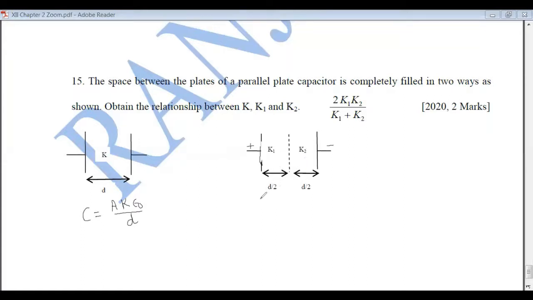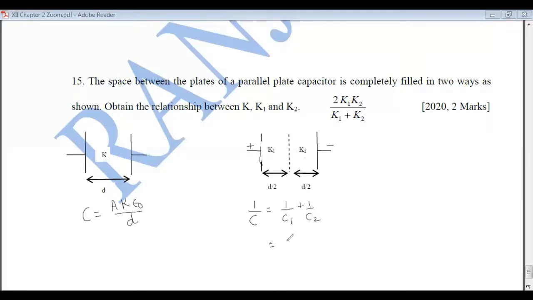As these two are connected in series, 1 upon equivalent capacitance is equal to 1 upon C1 plus 1 upon C2. The one having K1 dielectric constant has capacitance C1, and the one having K2 dielectric constant has capacitance C2.